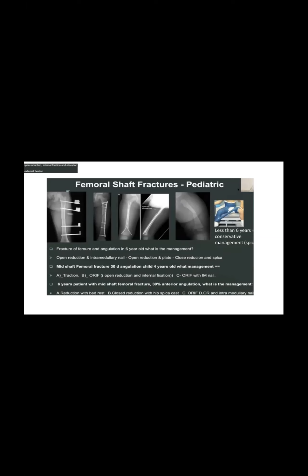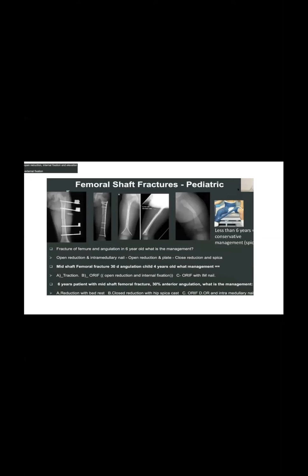Third question: a 6-year-old patient with a mid-shaft femoral fracture, 30-degree anterior angulation. What is the management? Same way, I always say, just correlate the option with the scenario. Below 6 years only spica; at 6 years or above, closed reduction with spica.